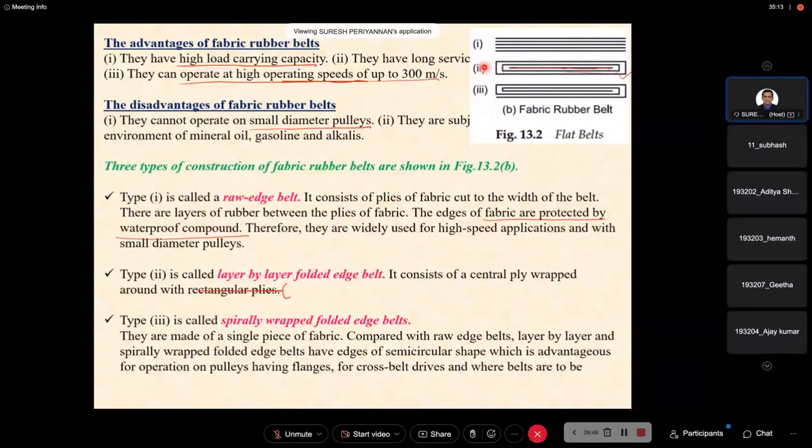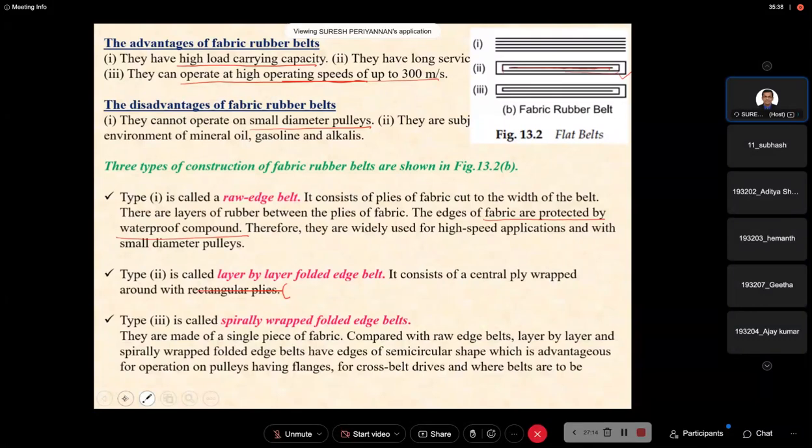But in the spherically warped folded edge belt, rubber is not required. Rubber layers are not required in this belt. Okay, this is the way we are making the belt.